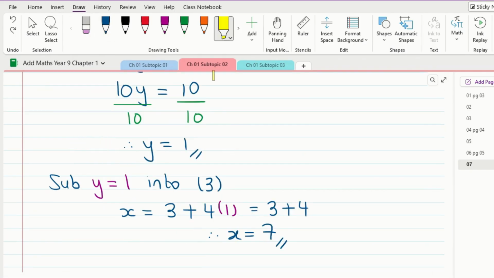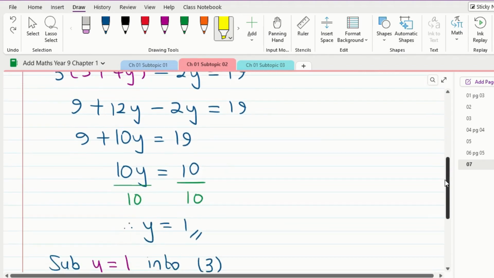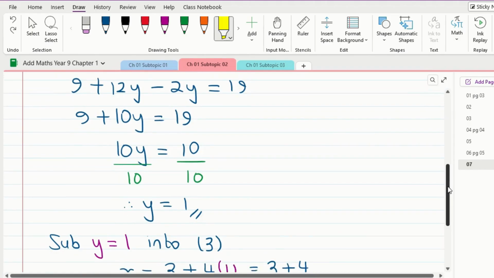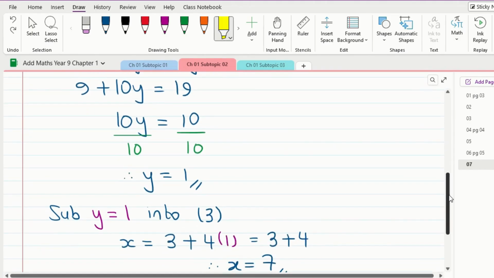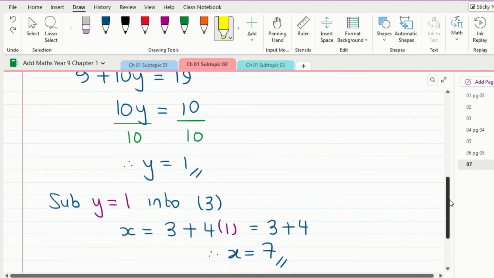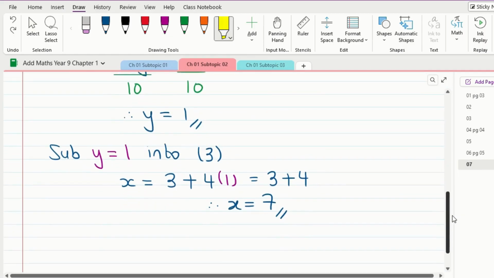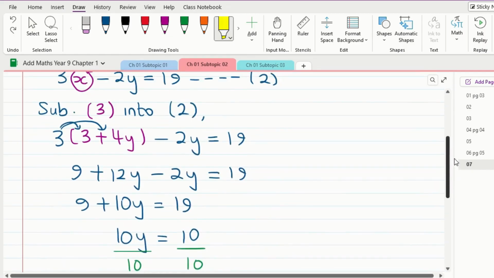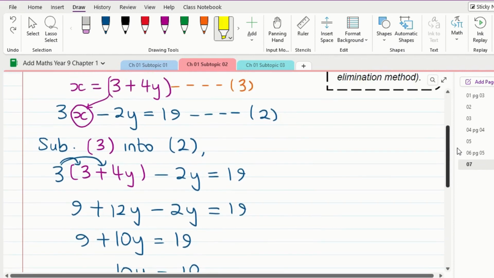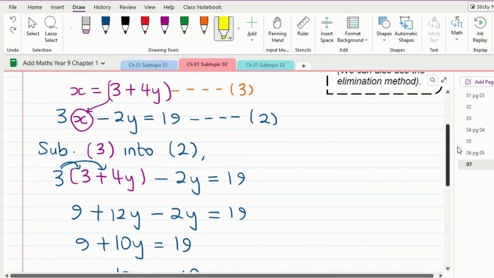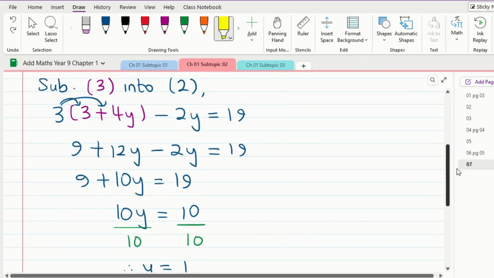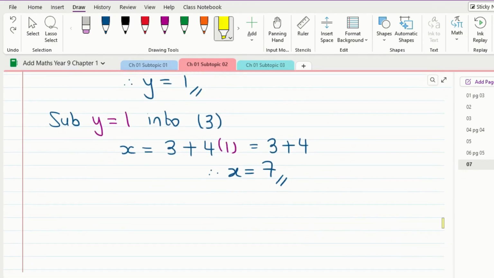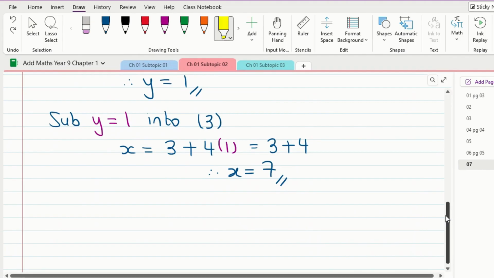If you proceed and simplify what you have for the first equation, you will get 9 plus 10y equals 19. So 10y equals 10, which gives you y equals 1. And when you substitute y equals 1 into the third equation, because it's easy to get x afterwards, x equals 3 plus 4y will be 3 plus 4 times 1, which is 3 plus 4.